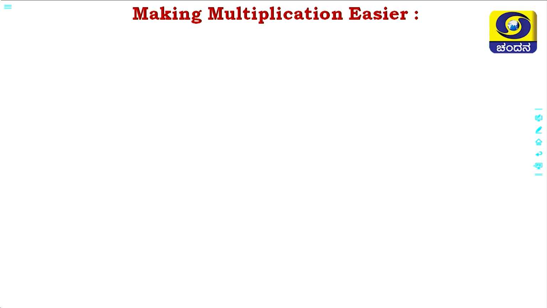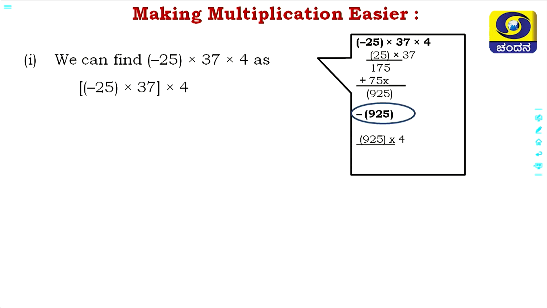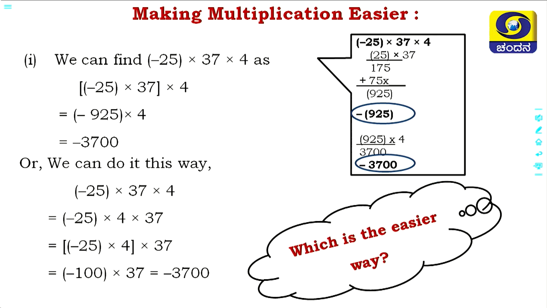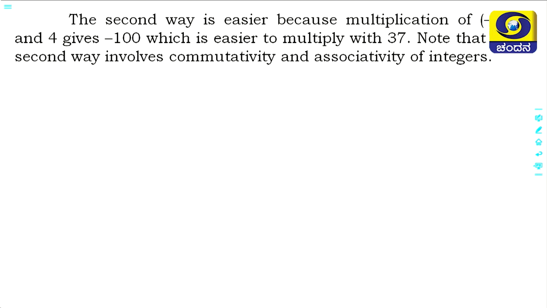How to make multiplication easier? Can we find minus 25 into 37 into 4 in two ways? Which one is easier? The second way is easier because multiplication of minus 25 and 4 gives minus 100, which is easier to multiply with 37.